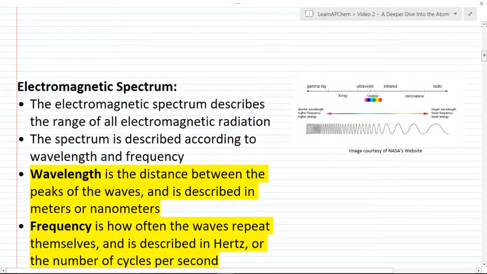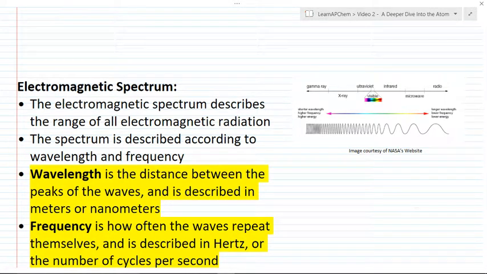But you will have to memorize that gamma rays are on this end of the spectrum, and then X-rays, then UV, visible light, infrared, microwave, radio. So memorize the order, and memorize that gamma rays are the highest energy, highest frequency, shortest wavelength.